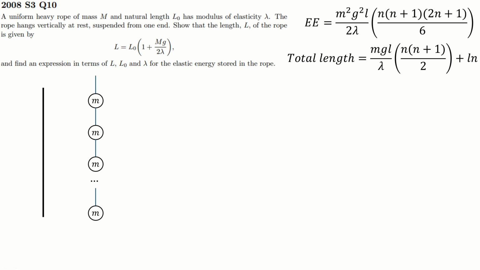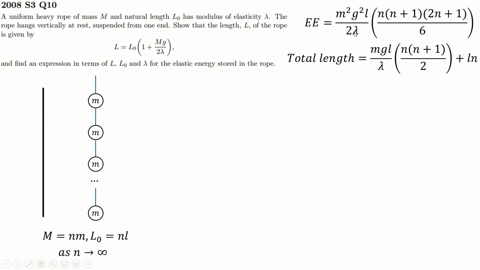So we're going to say big M is equal to n lots of little m, and L0, which is this length here, is equal to n lots of our original L, as n goes to infinity. So we're just going to make every string tiny and pretend that this rope is being modeled as an infinite number of very small strings with very small masses on the end of them, all added up. And that's how we're going to do this.